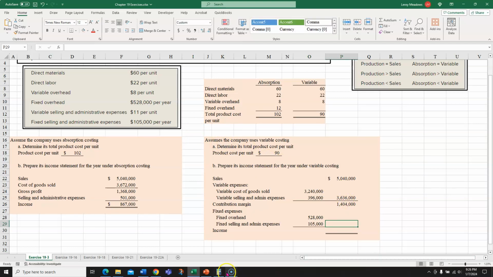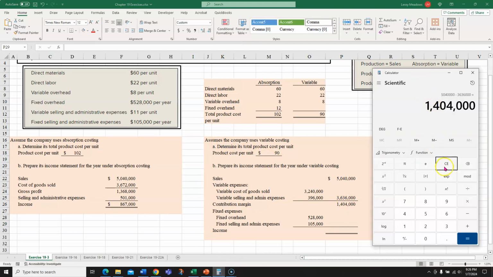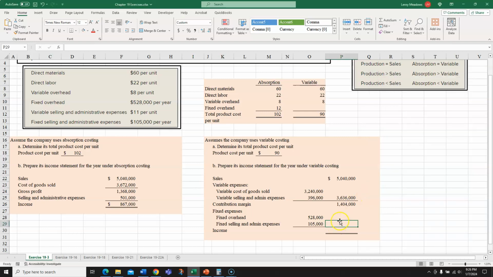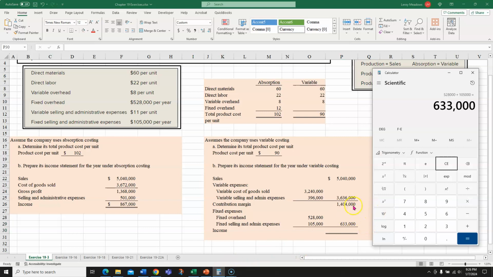So my total fixed expenses are 528,000 plus 105,000, which is $633,000. So I take my contribution margin of $1,404,000 minus my $633,000 of fixed expenses, and I get $771,000.